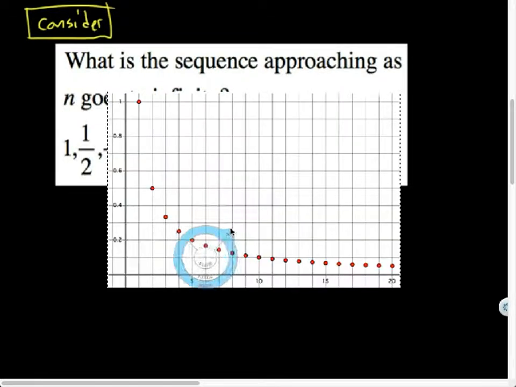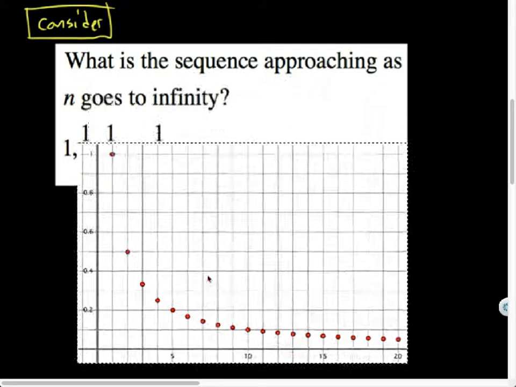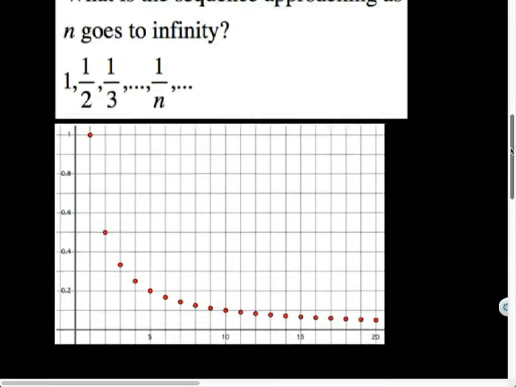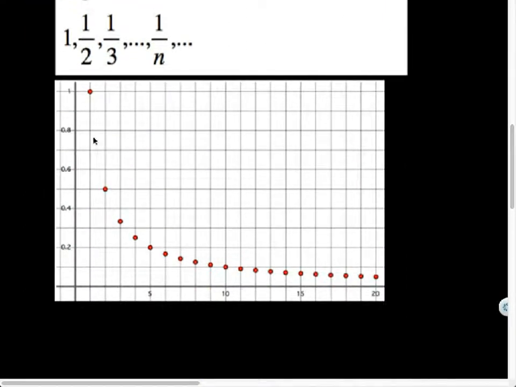It's approaching 0. If you wanted evidence of that, you don't necessarily have to draw this little picture here, but I've got the first 20 values of n here, and you might agree that this appears to be somewhat asymptotic, as you might recall. And yeah, it is actually getting closer to 0 and never going to reach it.